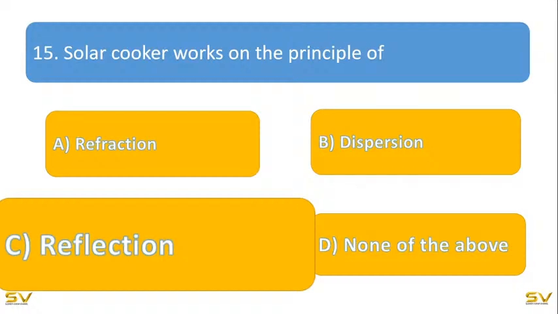So option C is correct, ma. All the light coming from the source falls on the mirror, gets reflected and converges at a point called the focus. At that focus point only the bowl is placed. So reflection is the correct answer.